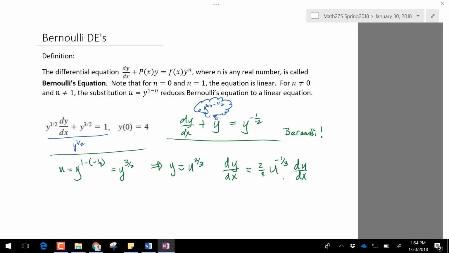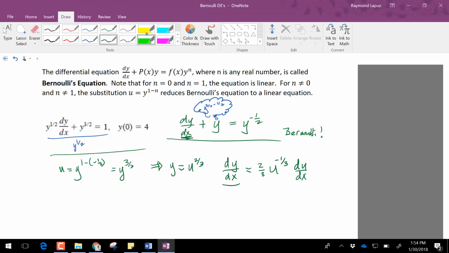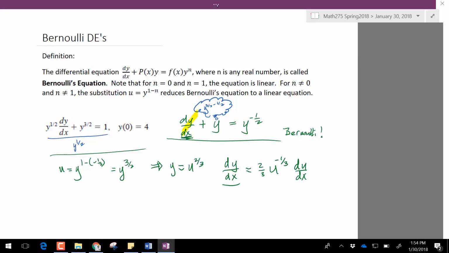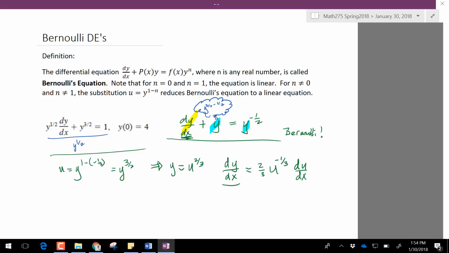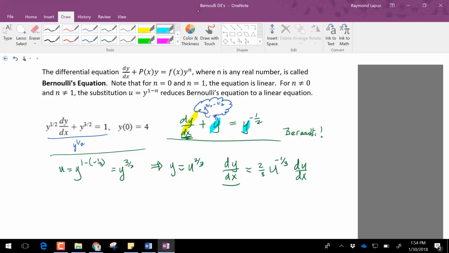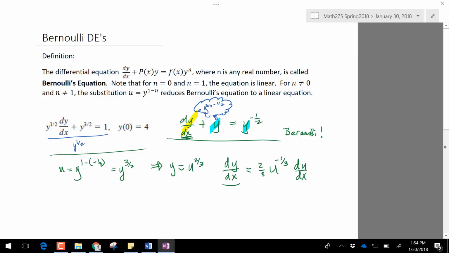Okay, let's see if we can replace these things. We have a dy dx. So back to our differential equations, and we're going to do some replacing here. We're going to replace dy dx with whatever we got for dy dx. We're going to replace the y's with whatever we got for the y's, and we're going to see what we get.